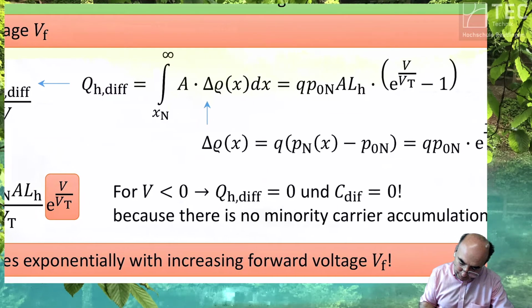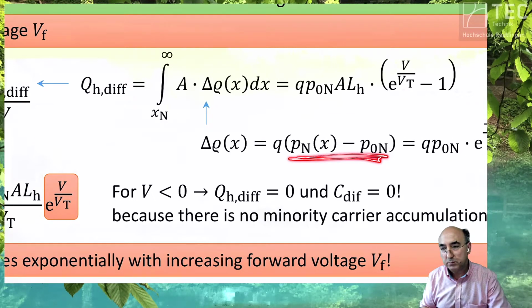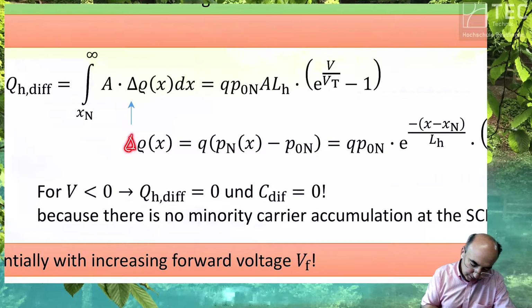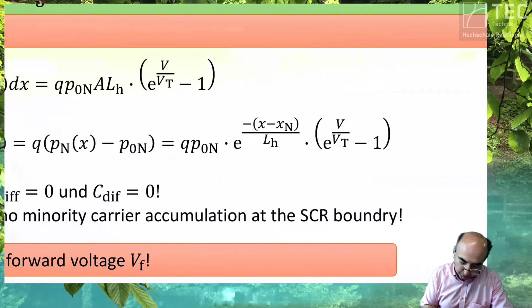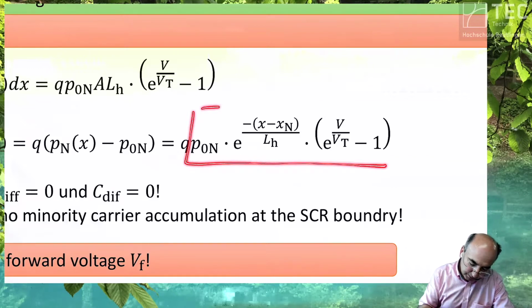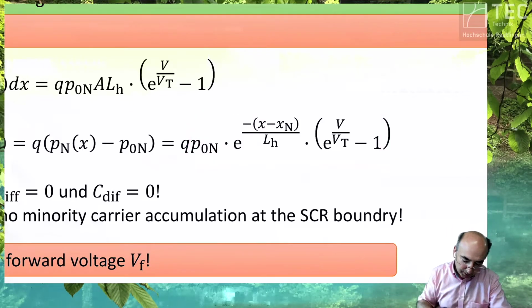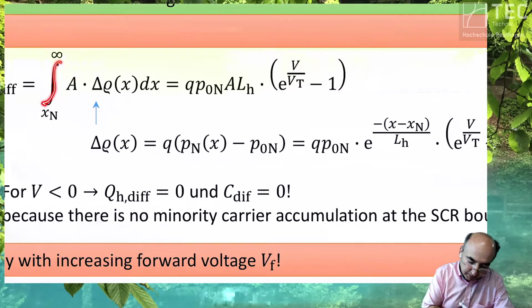And the delta is caused by you, by injection, forward biasing. Okay, so this delta is calculated by this equation times q, the elementary charge, and we know this value from the equations we have calculated in advance. So I just copied this equation, put it in, and integrated it.